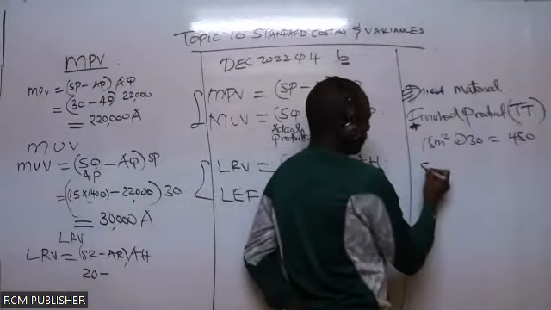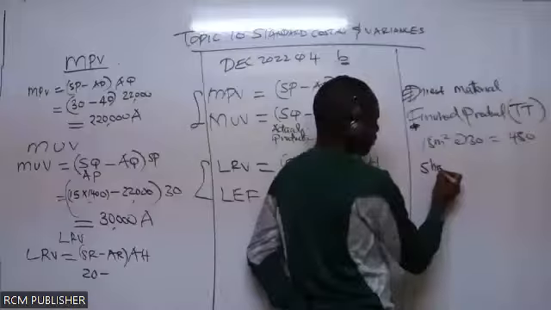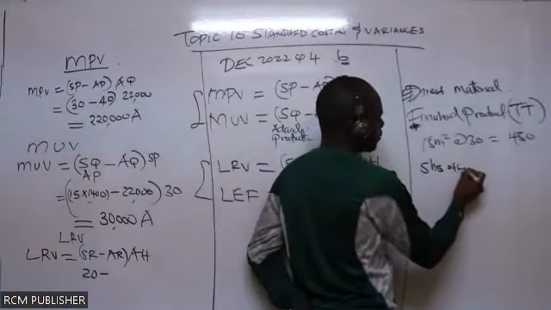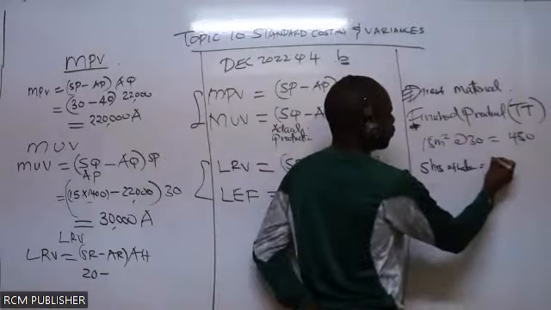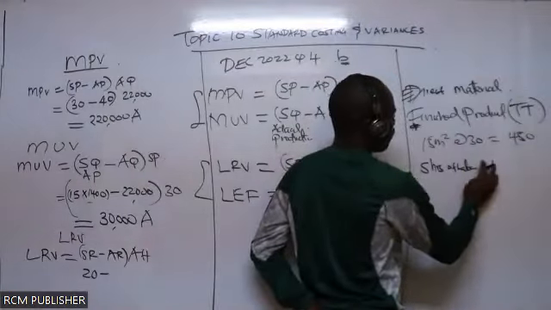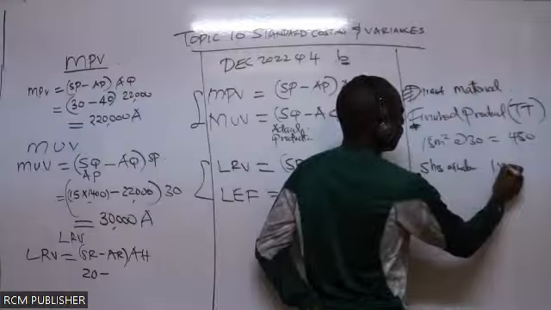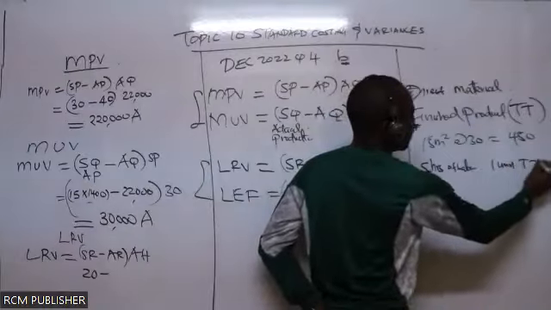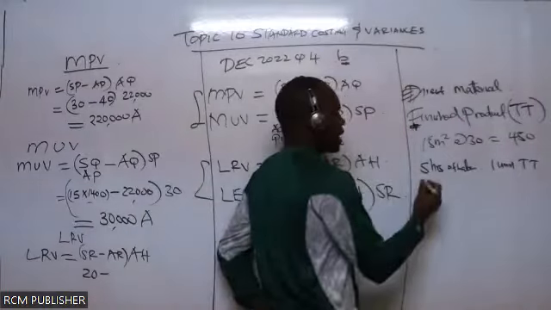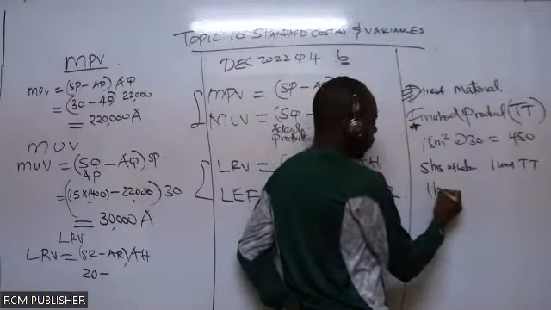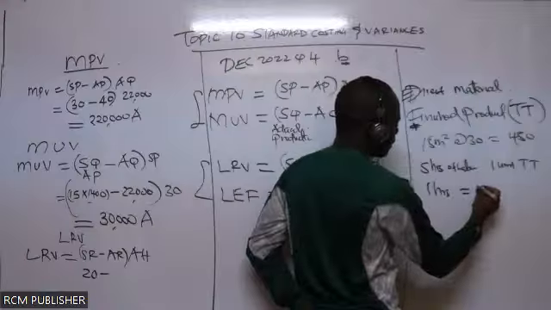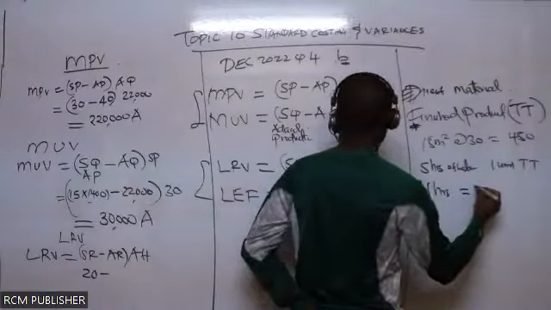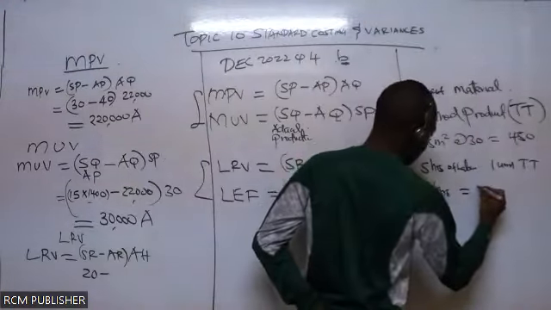We need 5 hours of labor to produce 1 unit of TT. But for 1 hour of labor, they are going to charge us, is it 20 shillings?